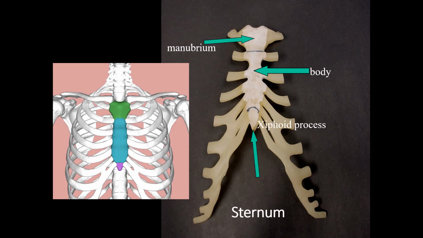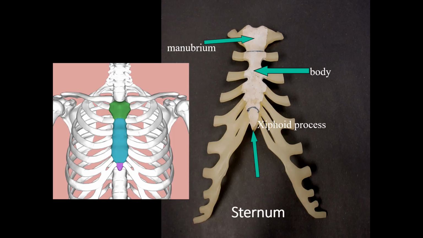If you compress the xiphoid process, you're going to lacerate the liver, which is right underneath it. And that's bad. It's not a good thing to do when you're trying to do CPR on a patient. But anyway, the xiphoid process is a good landmark, because it tells you where the diaphragm is. So it's a good thing to know.